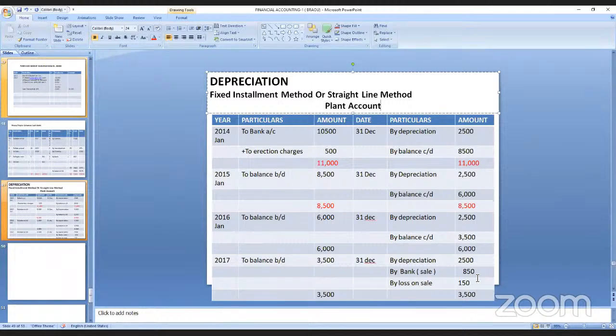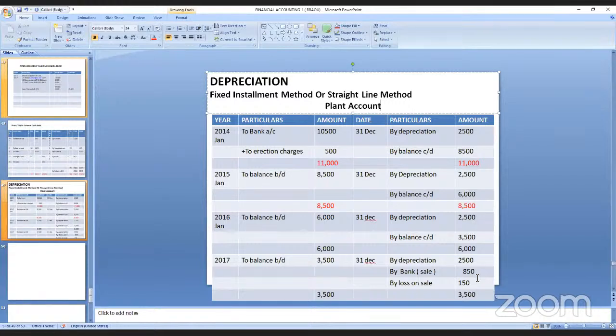How much? 10,850. You have sold it. So the machine value is 11,000, and you got 10,850, so there is a loss. Your machine cost was 11,000, and you have sold it for 10,850, so it is less than your machine cost.